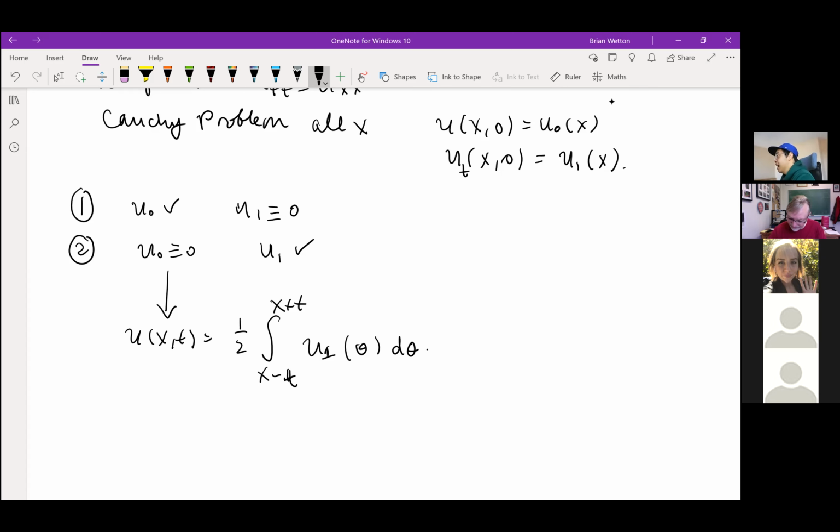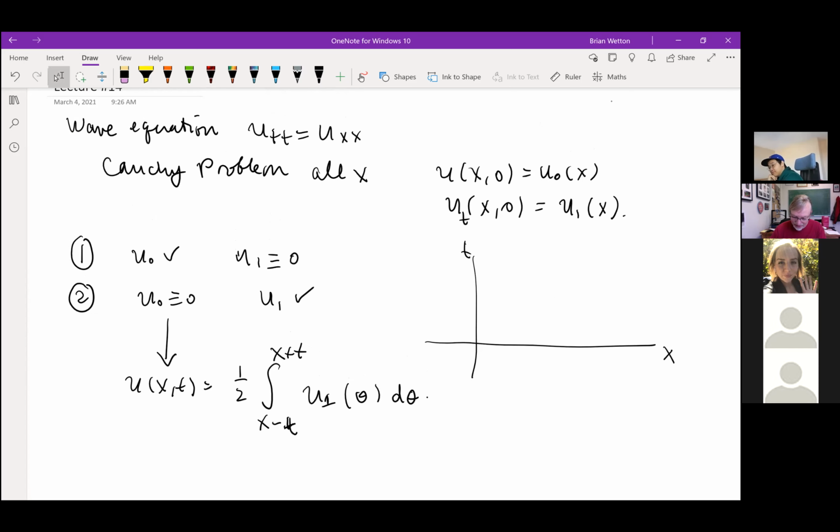Okay, so let's just draw a picture. I don't think we did this last time. I'm solving this problem where I have no initial condition values, but I've got some time derivative given initially, right? That's this problem, right? And I'm looking for what the solution is here at this position. There's no interior forcing.